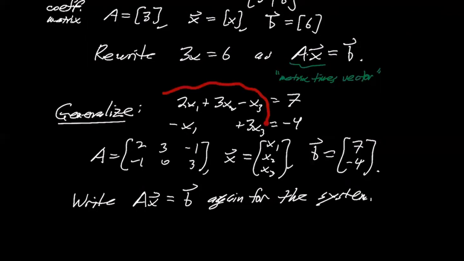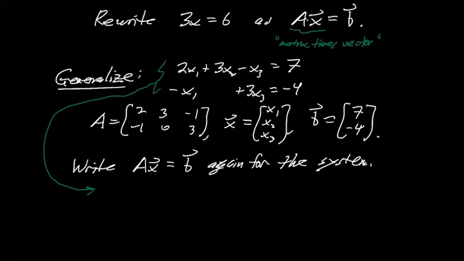It's almost like we're factoring this into a matrix times a vector. Let's see if I can write that down somehow. So we're going to take this and factor it. I'll just put in quotes, factor the left-hand side, just the left-hand side. Maybe I should put a circle around that. Factor as matrix times vector.